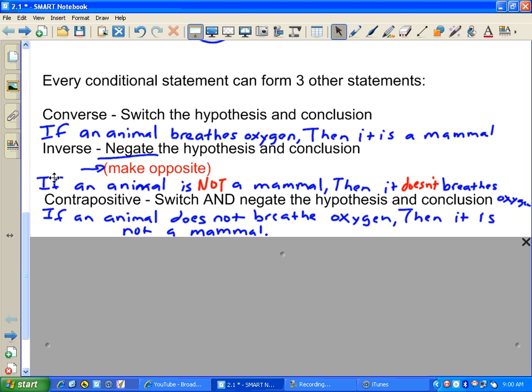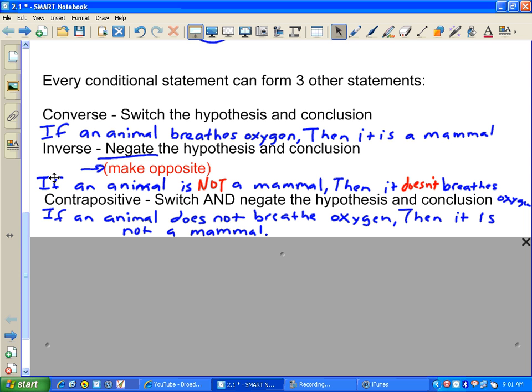Okay, so we haven't talked about the truth of the inverse yet. The inverse says, if an animal is not a mammal. Can I think of an animal that's not a mammal that does breathe oxygen? Because remember, I want to meet my if part, my hypothesis, but I want the conclusion to be the opposite of what it says here.